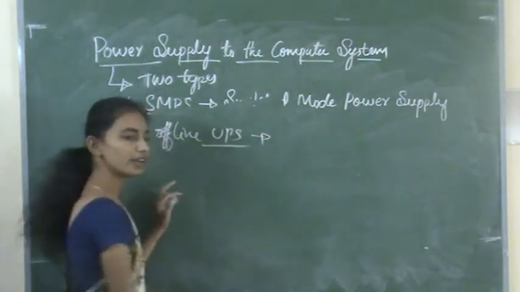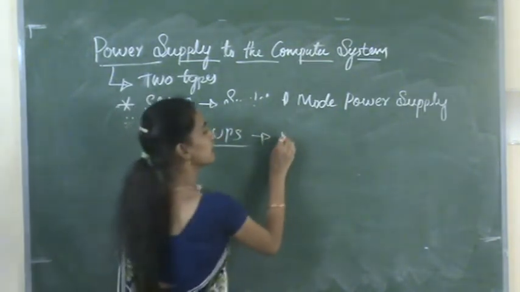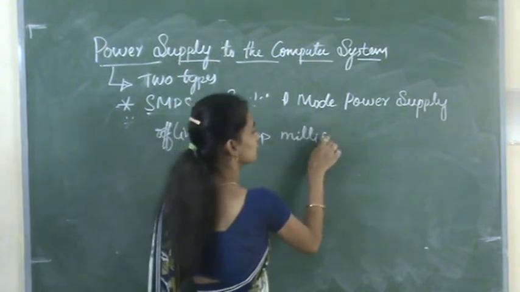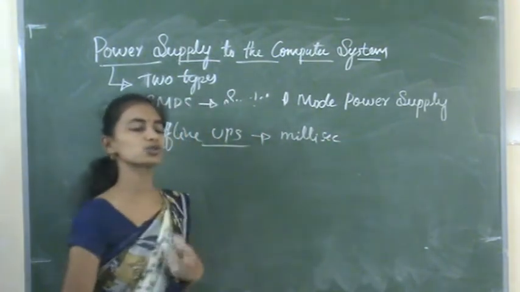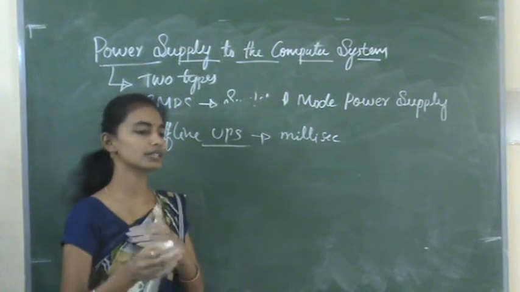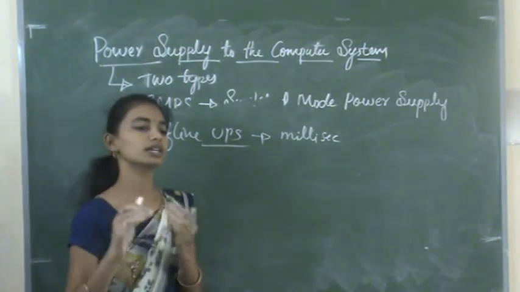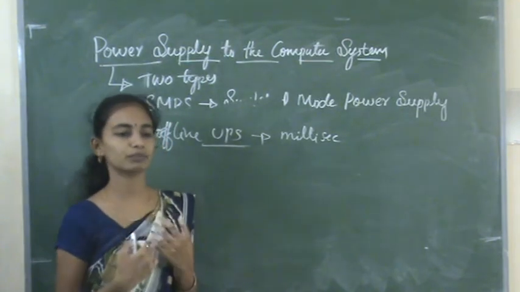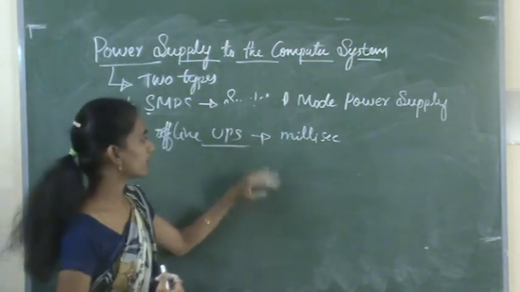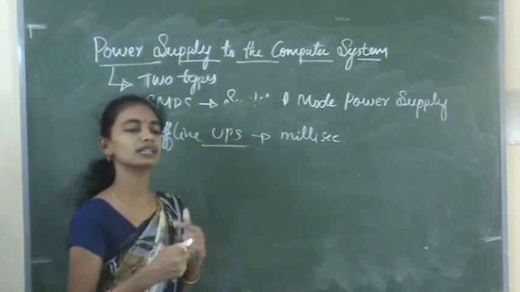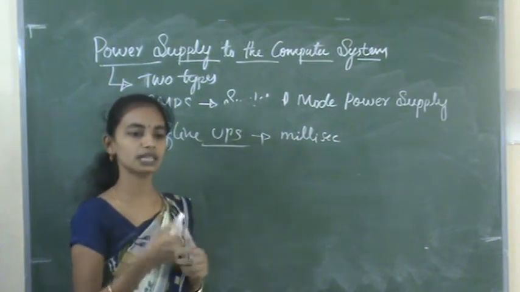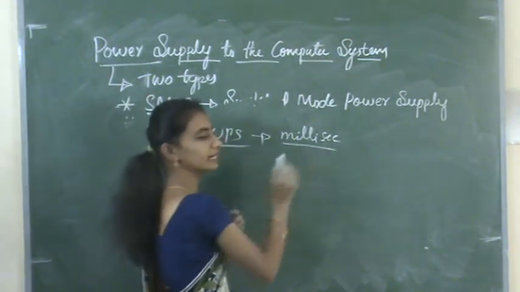This offline UPS requires milliseconds to switch on the battery when the power gets lost. When the system doesn't get power, it will activate or switch on the battery after a few milliseconds.